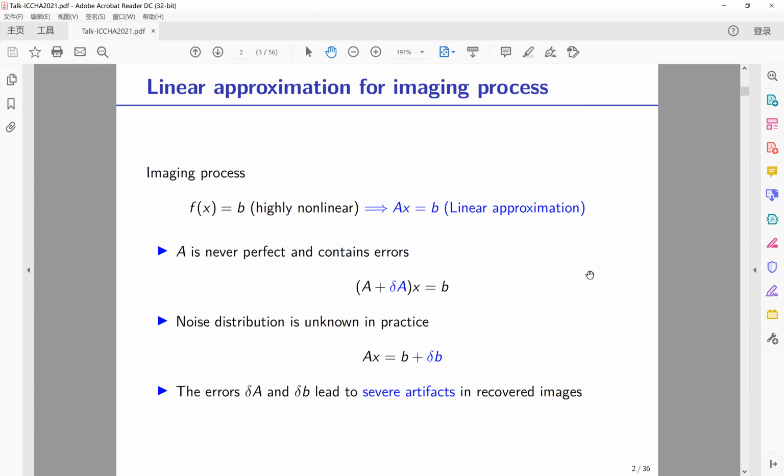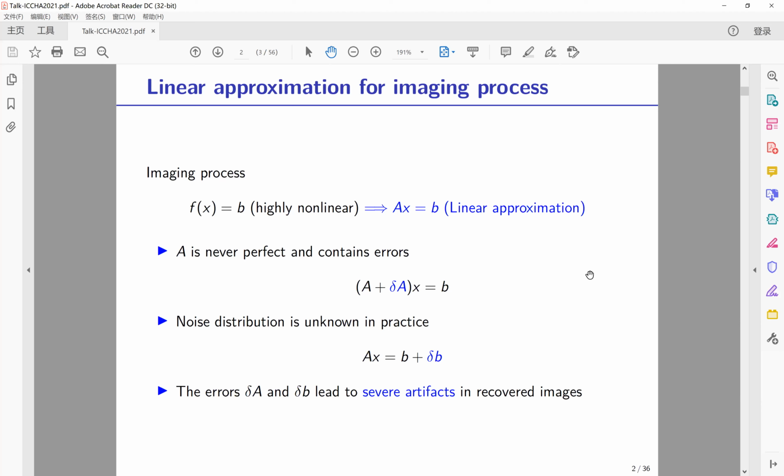Usually we want to simplify our analysis or computation, so we do a first-order approximation of this image processing problem, simplifying it as Ax equal to b. However, we know that A is never perfect, and our data always has noise. So A contains some error and b contains some noise.